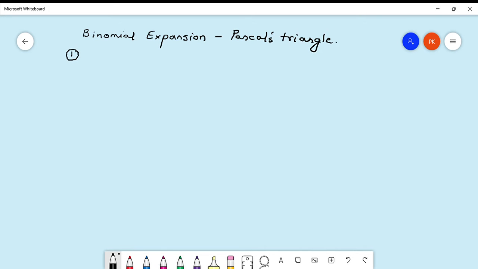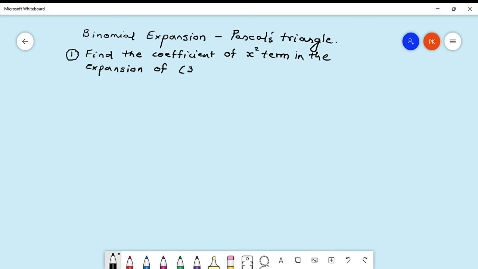So take the first question: find the coefficient of the x square term in the expansion of (3 + 2x)^4.